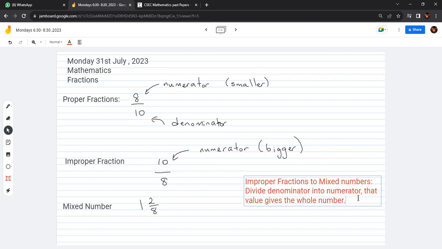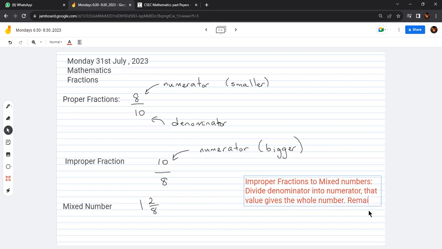Then what we're going to do next is see how much is remaining. So in this case, 8 could go into 10 once, but there's a remainder.